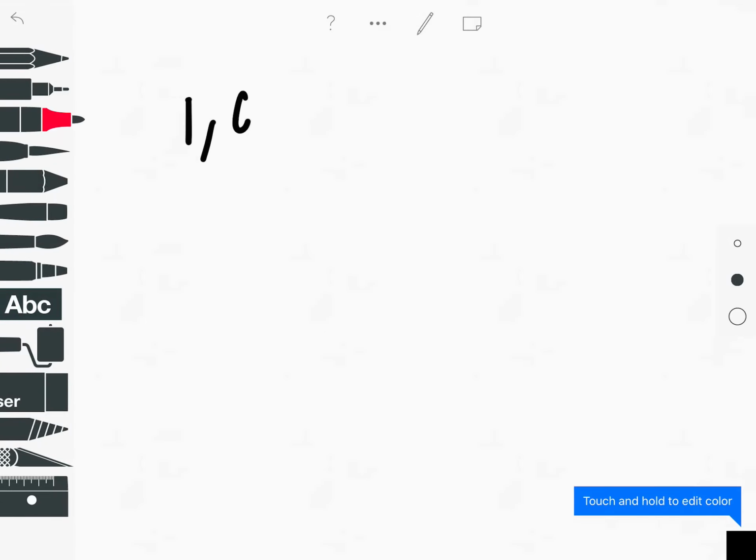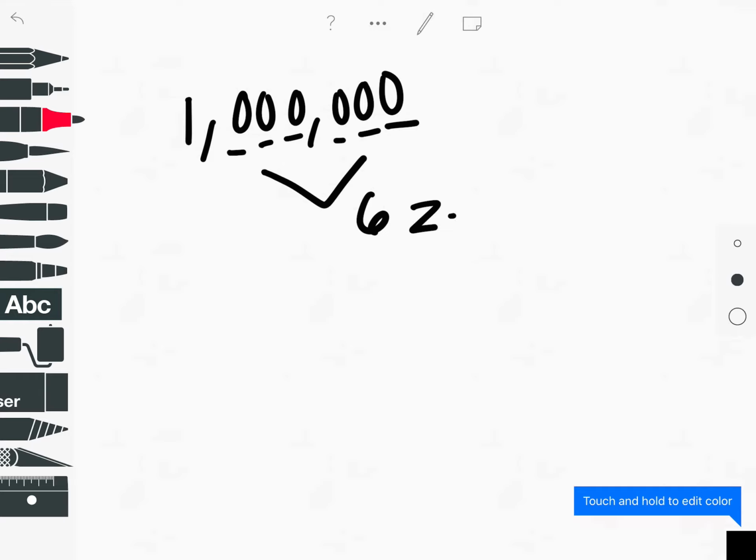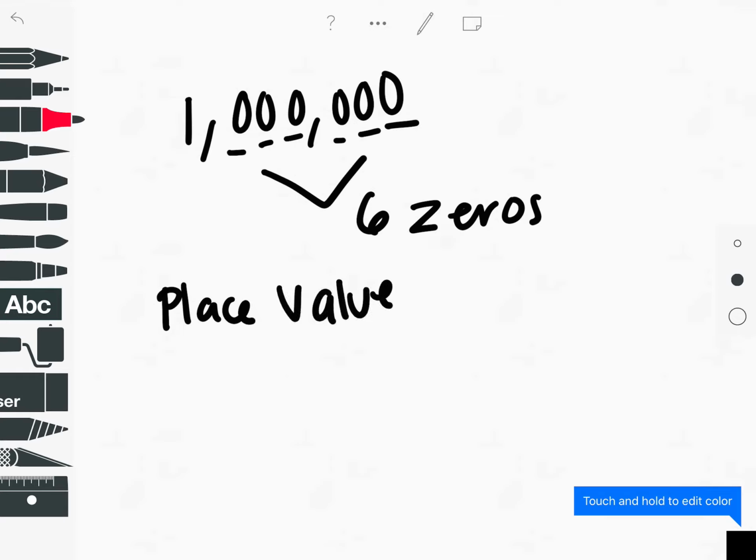Let's see. If this is my number, what place value is this? Remember to count the spaces, how many zeros we have. We have 6 zeros. If you have 6 zeros or 6 spaces, then you know that this place value is in the millions.